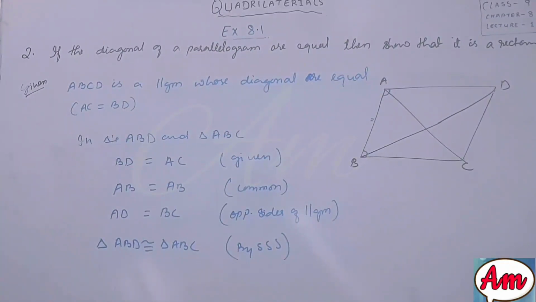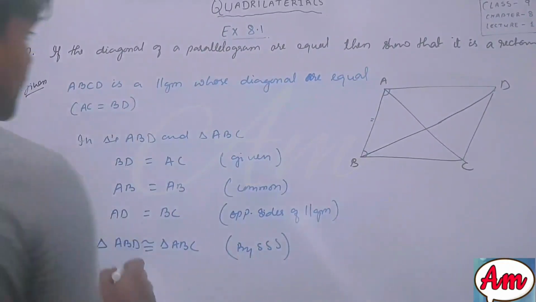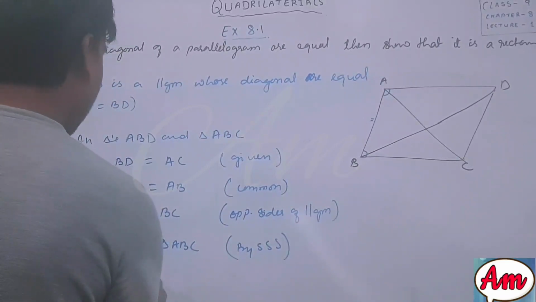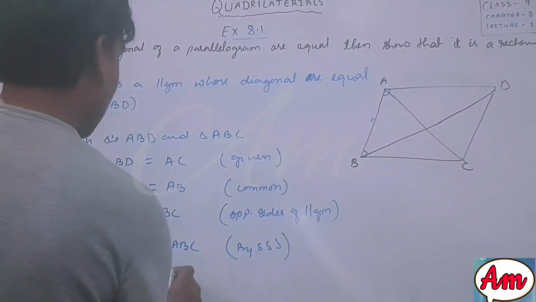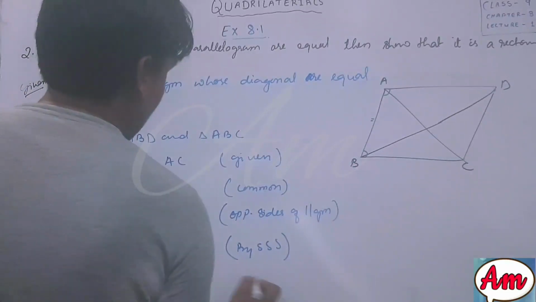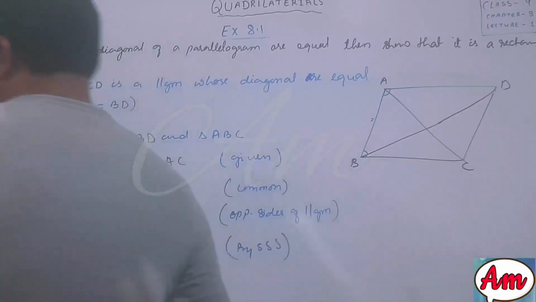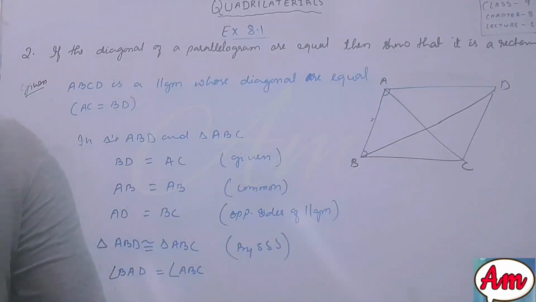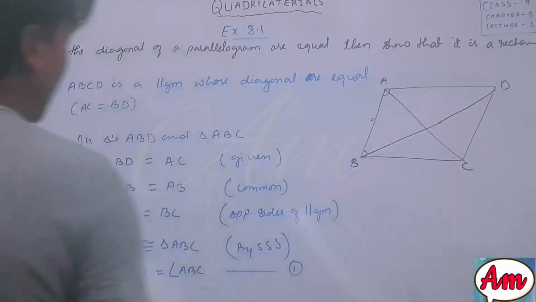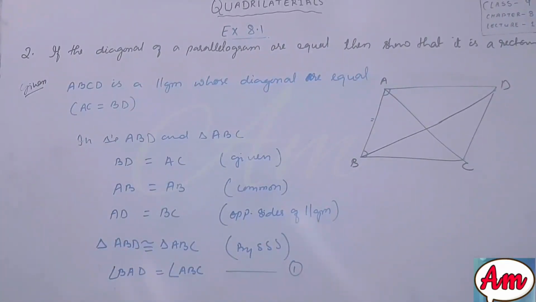And if it is congruent, then there is definitely angle BAD equals to angle ABC. Okay, got it? So this one we are marking as equation number 1. You can pause the video dear students and take it down.